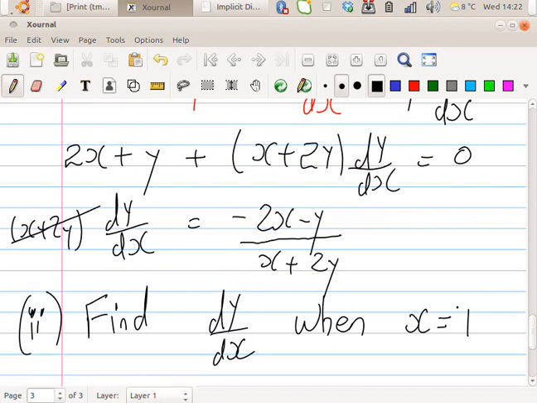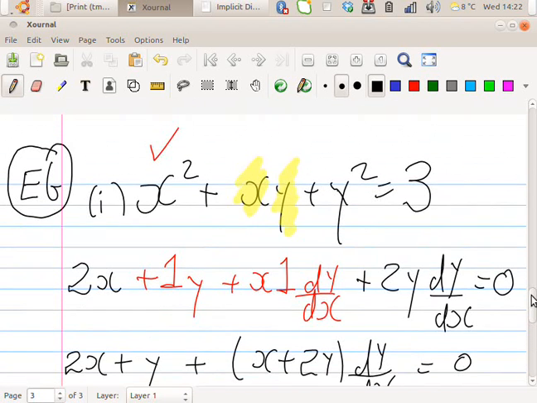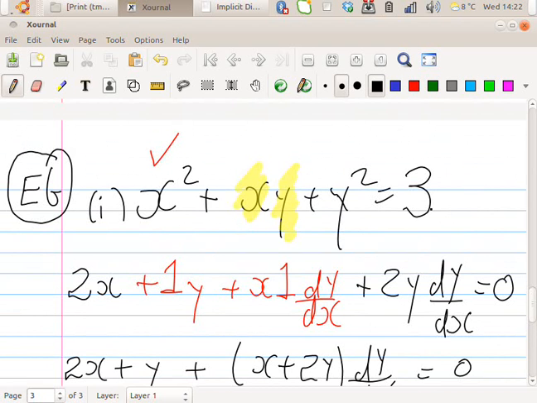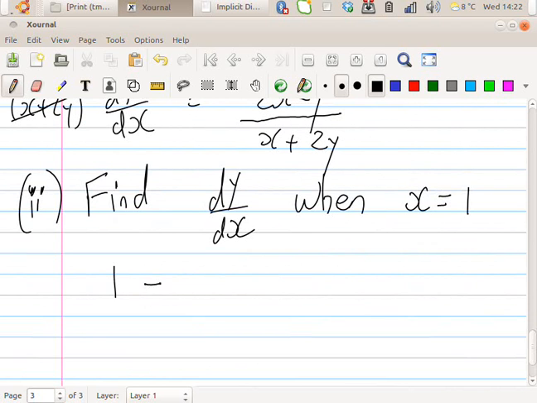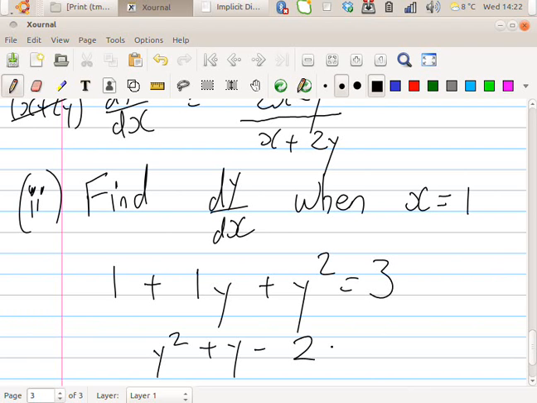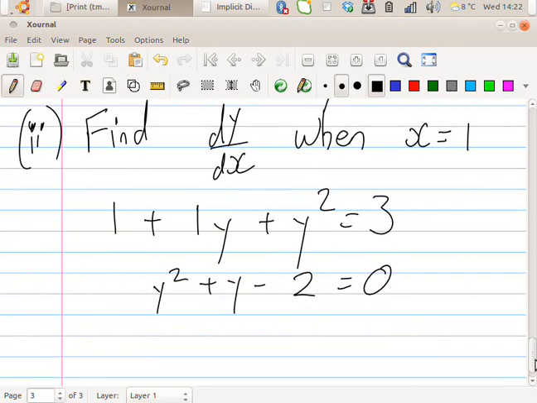I could put x equals 1 into the original equation, and this could give me the y. So I'd get 1 squared plus 1 times y plus y squared equals 3. Or, in other words, y squared plus y minus 2 equals 0.